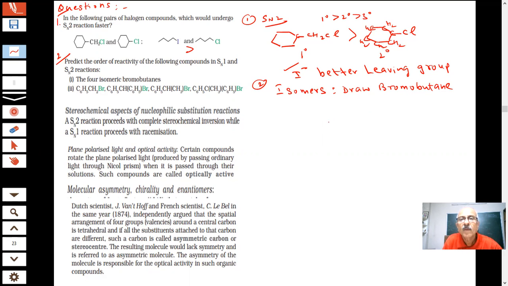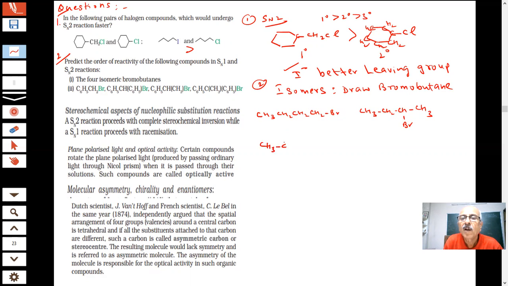The isomers of bromobutane. One is 1-bromobutane. Second is 2-bromobutane, with the Br on the second carbon.